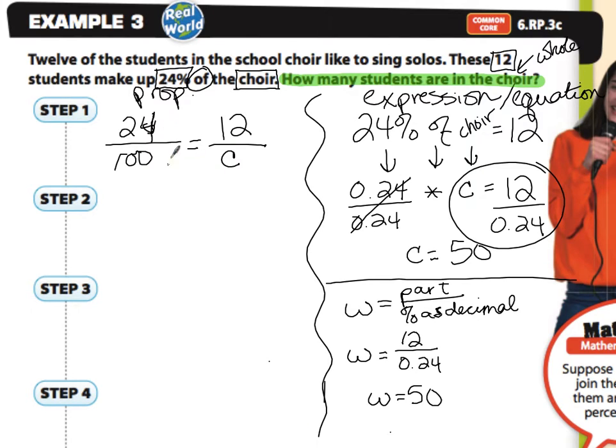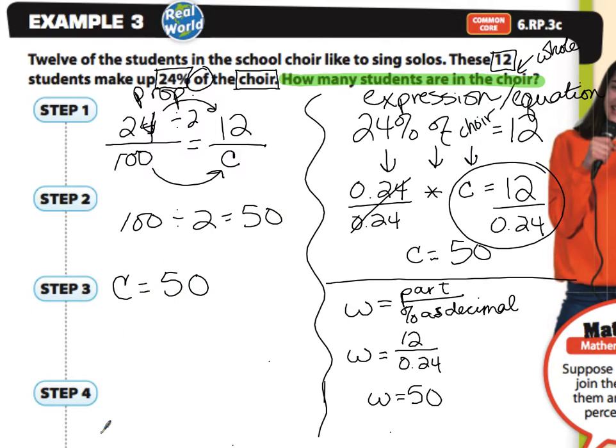I know to go from 24 to 12, I divide by 2. So what I did to the top, I have to do to the bottom. So I'm going to do 100 divided by 2, and I get 50. So C is equal to 50. So there are 50 students in the choir.